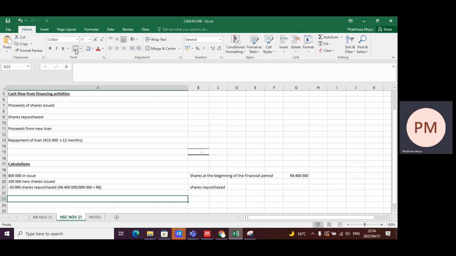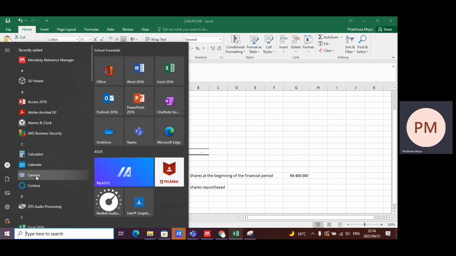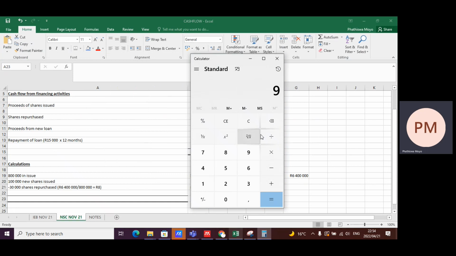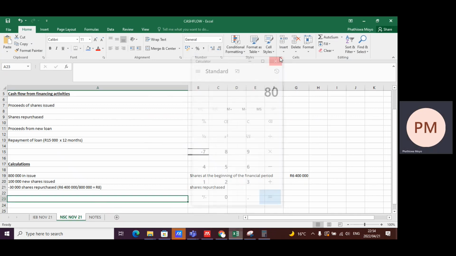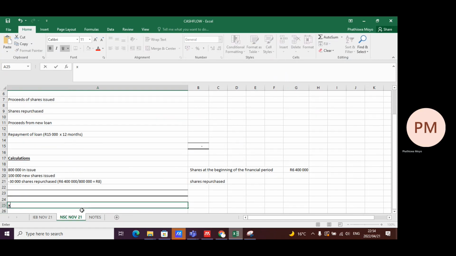So the shares in issue at the end of the period is, maybe let's do our X method, equals 100 shares plus 1,000 minus 30,000 shares.